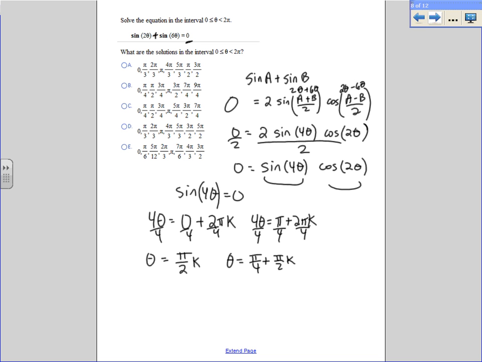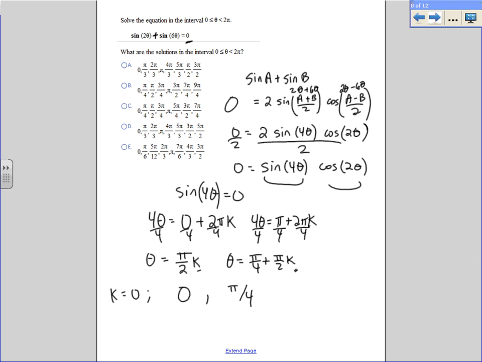So let's start it off at 0. All right, so what if k is 0 here? So if k is 0 there, then that's just going to give me a solution of 0. If k is 0 here, then that would just give me a solution of pi over 4. So far I've got 0 and pi over 4.